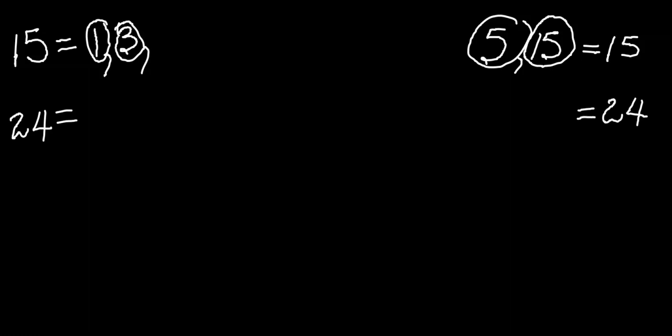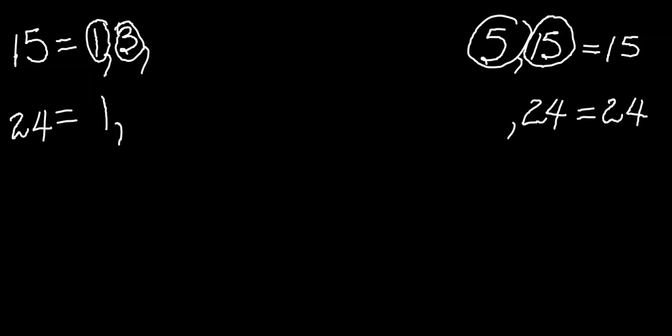Then of course, as you would have learned previously, the first factor of a number is always 1. And the next factor is itself. And in this case, the number is 24. That should be very easy.